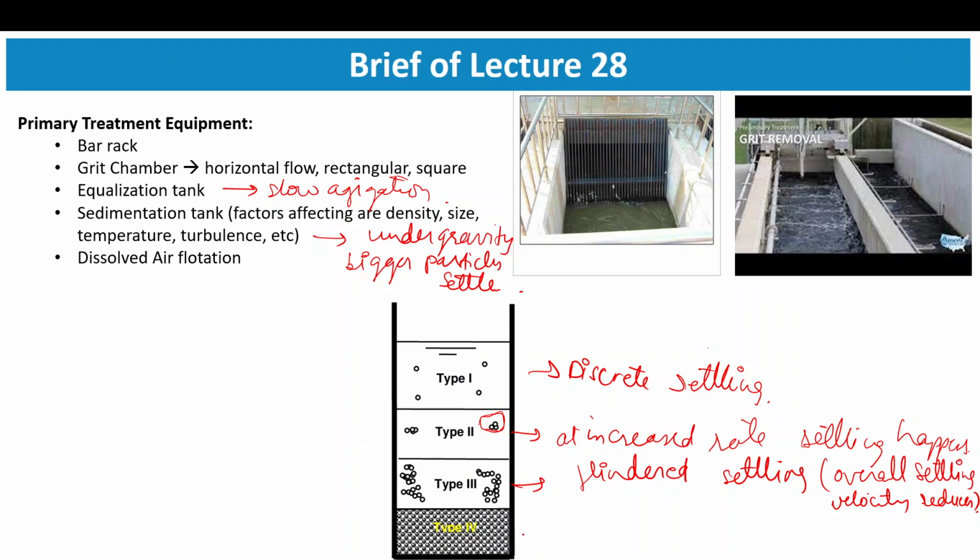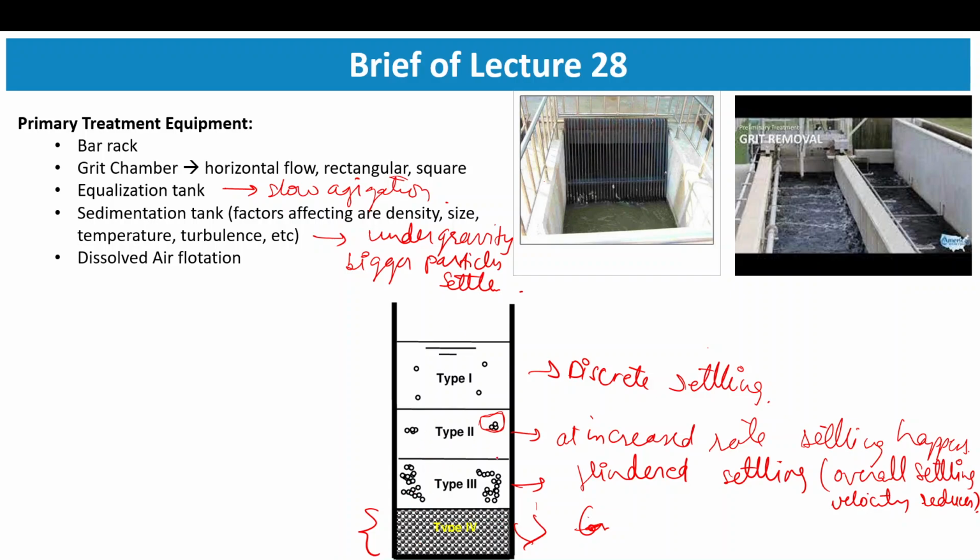and that is why it is known as hindered settling. And type 4 is compaction settling, where there is no more space for the settled particles. Whatever further settling occurs, the particles will add and compress the particles already present, and water might move out.